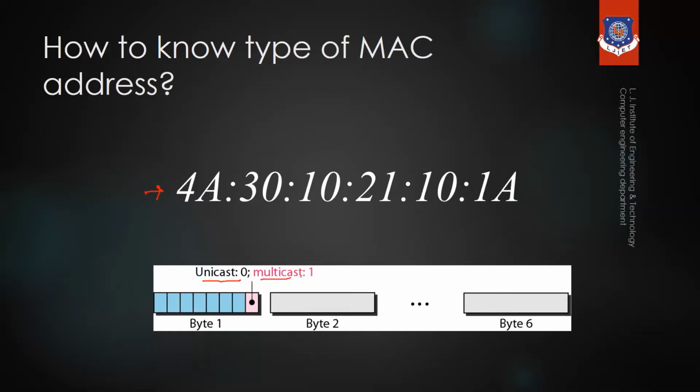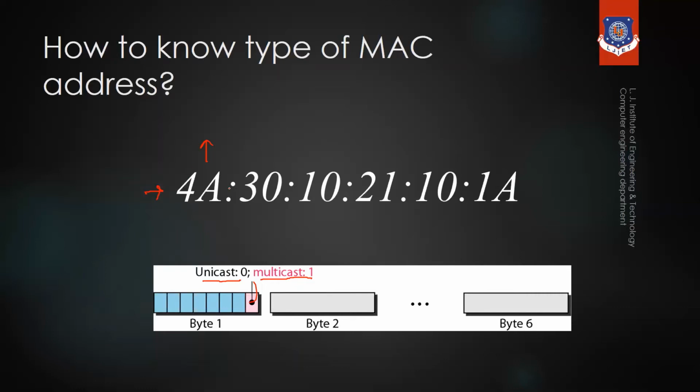If the LSB is 1, it means that MAC address is a multicast MAC address. And if all the 48 bits of the MAC address are 1, it means that it is a broadcast MAC address, right? So let's see the LSB of the first byte in this example.